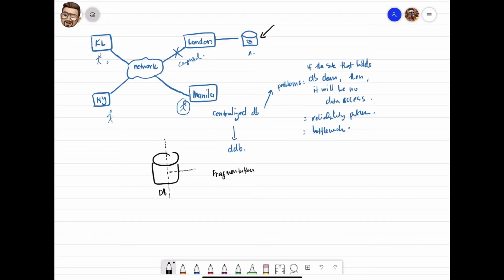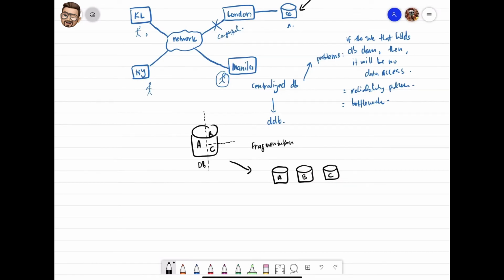Normally we give each fragment a name: this is A, this is B, and this is C. So from one big database, you have divided into A, B, and C. This is your relation, or your table, divided into a few parts. That is the concept of fragmentation.